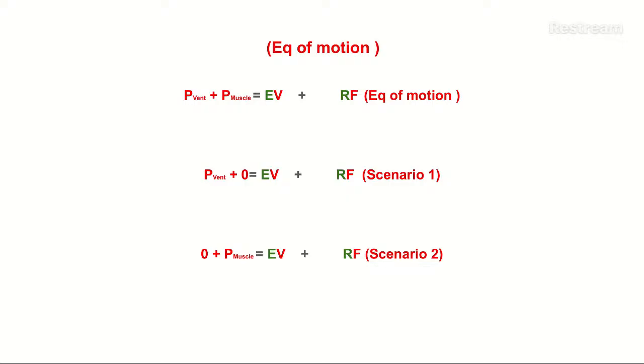So usually when a patient comes to us in ICU, they are in scenario 2. They're trying to make up. So the work of breathing is about 5-10 times above what they are normally using, so that they are exhausted. They are fatigued because all the energy is being utilized just to counter these two forces.